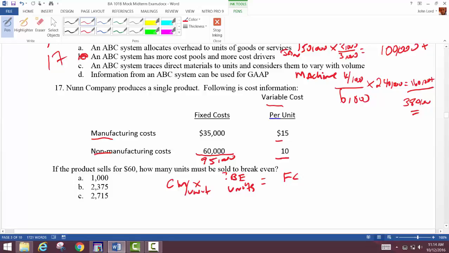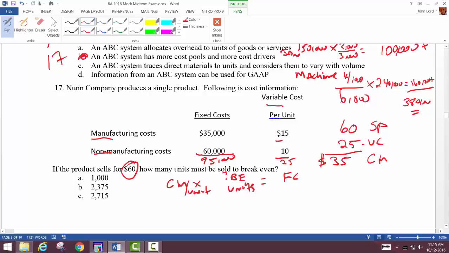And we need to figure out our contribution margin if we're selling this thing for what? 60, and we add together our variable costs, both manufacturing and non-manufacturing, of 25, then that means that my sales price minus my variable cost gives me my contribution margin is what? $35 per unit, right?